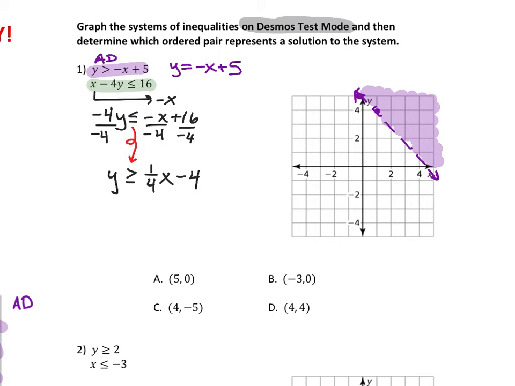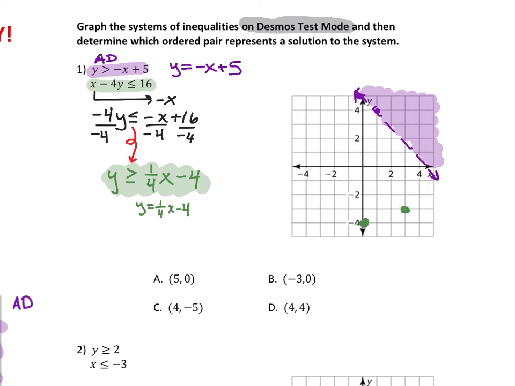Okay, this is the equation that I'm going to be able to graph. You could type the regular version of this. If you type this into Desmos, nothing would happen, but if you go ahead and type it with an equal sign instead, Desmos will help you out with what the line will look like. The line says start at -4, go up 1 over 4, so it's going to look something like this.